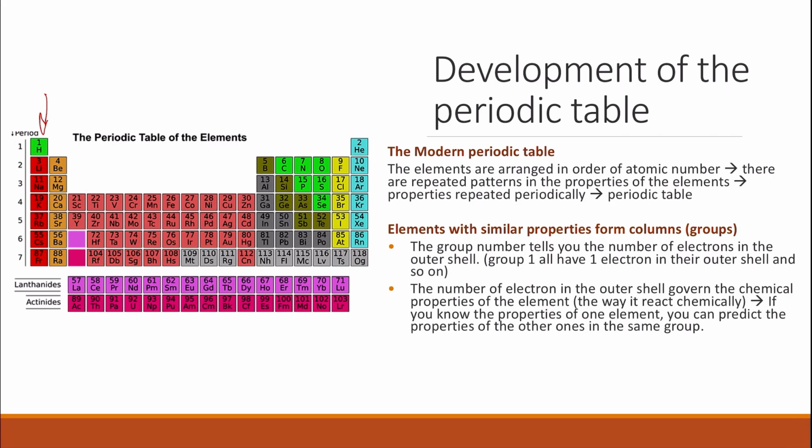The number of electrons in the outer shell of any element will govern its chemical properties. So you can actually predict the properties of an element when you look at where it can be found in the periodic table, in which group.